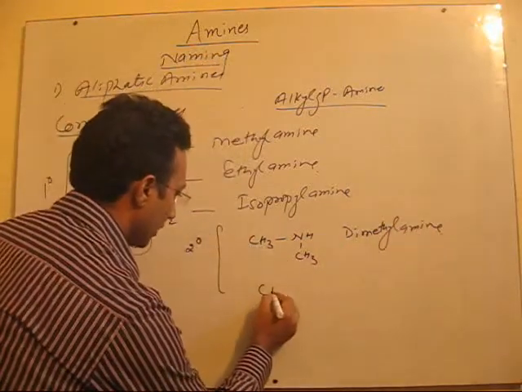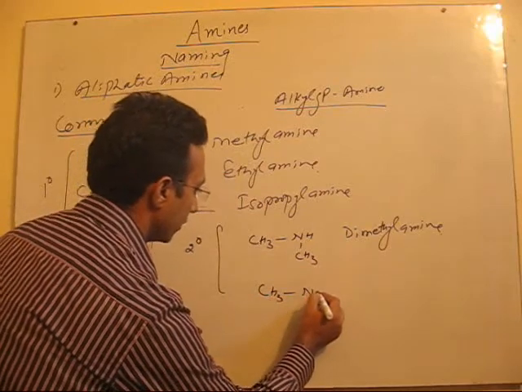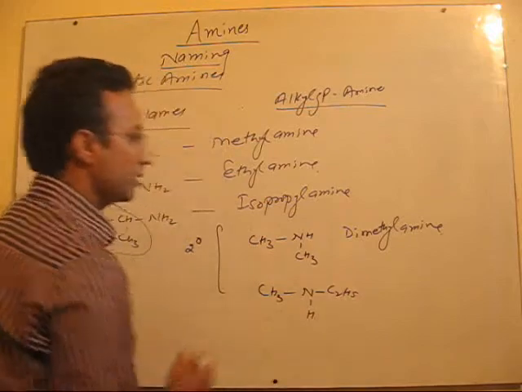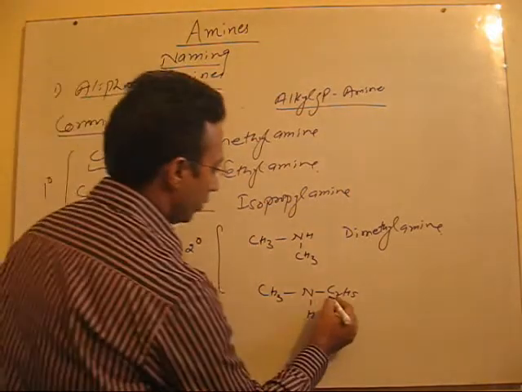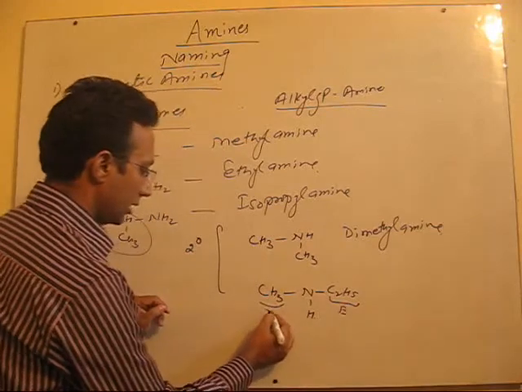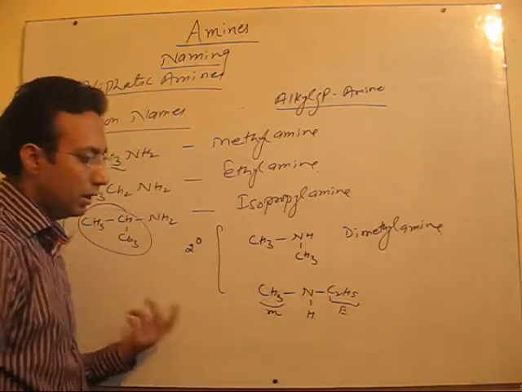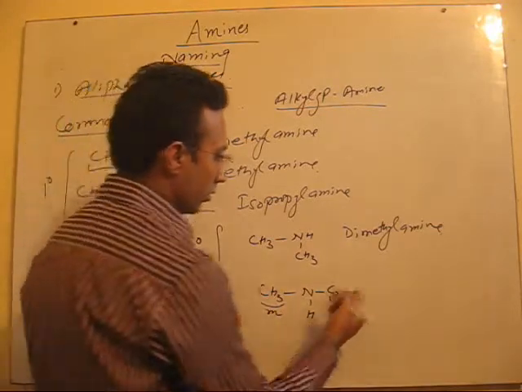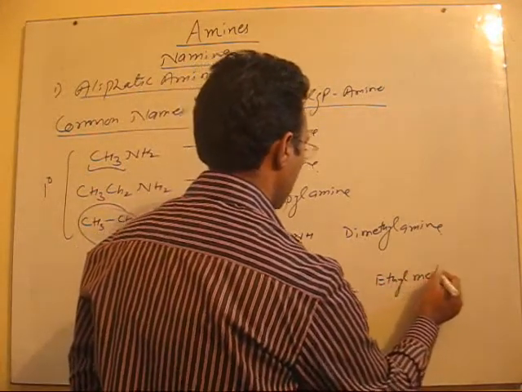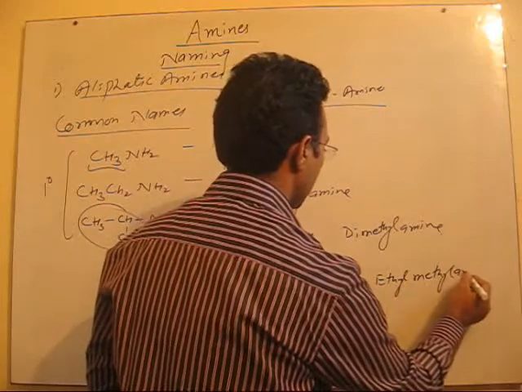And if the two groups are different, for example this, again a secondary amine, then you have two groups here which are different. One starts from E, ethyl, one starts from M. So here we will see the alphabetic order. So it will be named as ethylmethylamine.